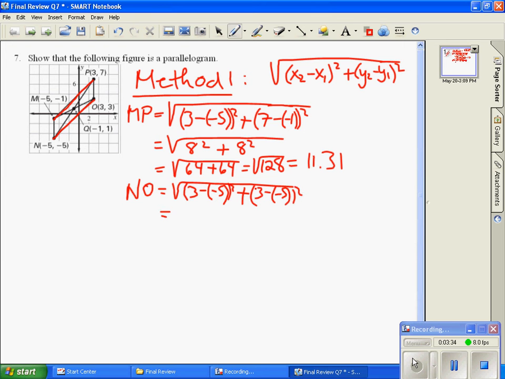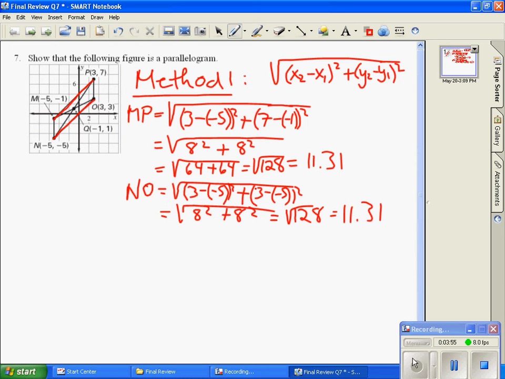Okay, again, that gives us 8 squared plus 8 squared, square root of 128, and 11.31. Okay, so we have shown that those two sides are congruent.